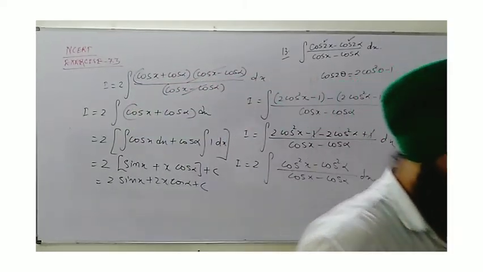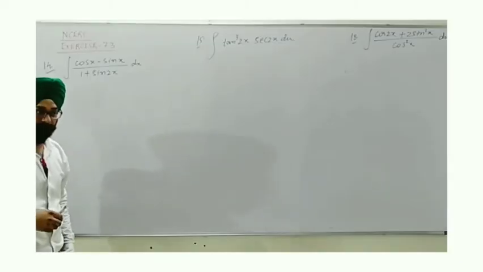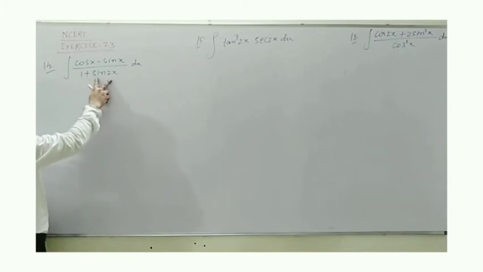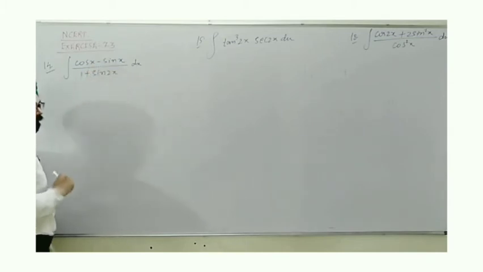Let's see. This can be done in different ways, but one method which we are going to see here is applicable. In most cases, whenever we have sin 2x and in the numerator cos x minus sin x or cos x plus sin x, keep in mind, this is a special case.